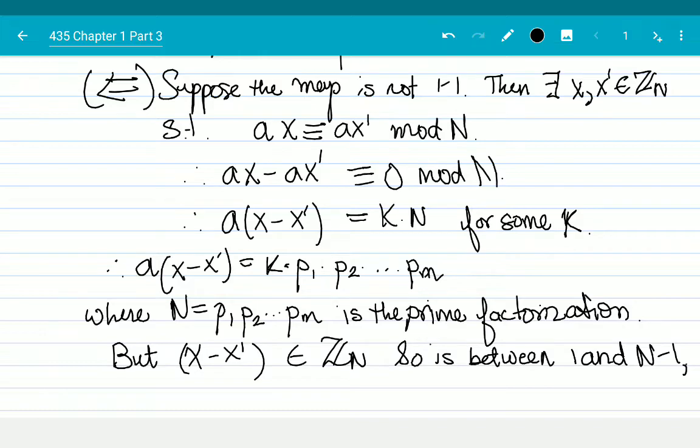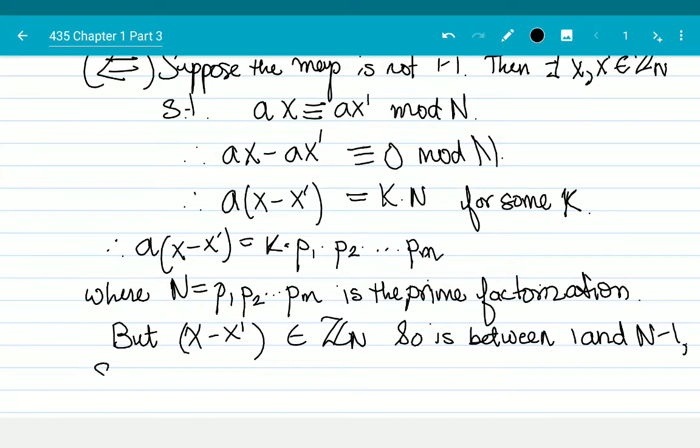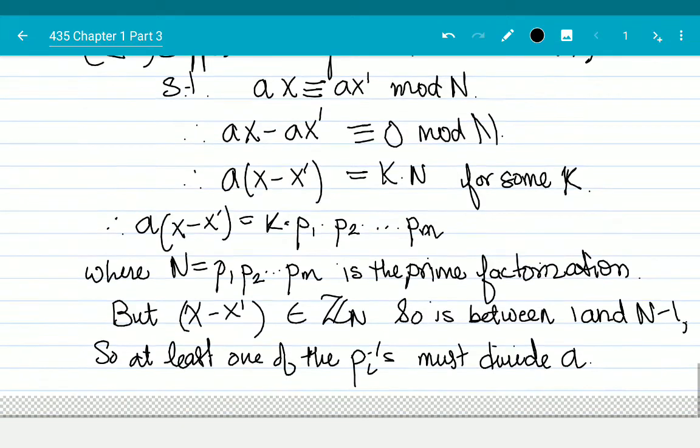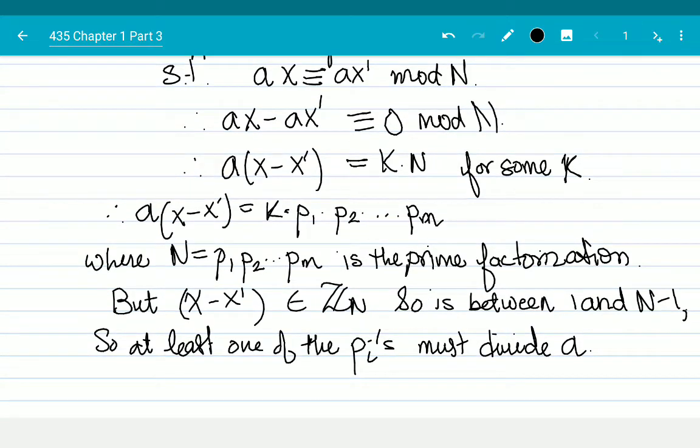So at least one of the pi must divide a, because if none of them divide, then their product does not divide.